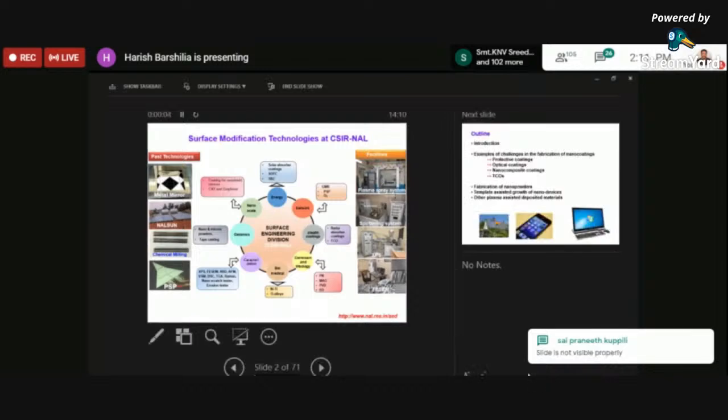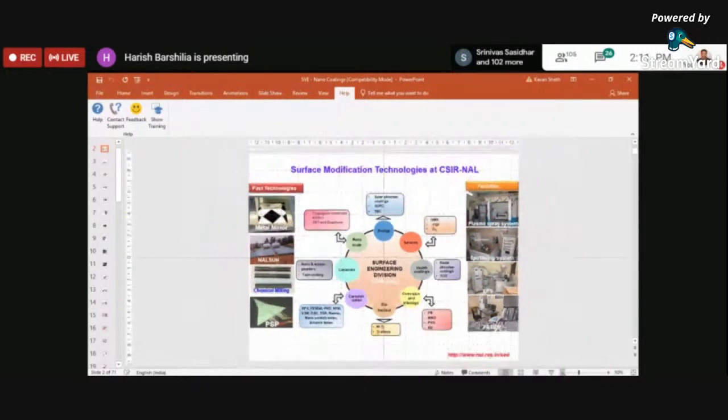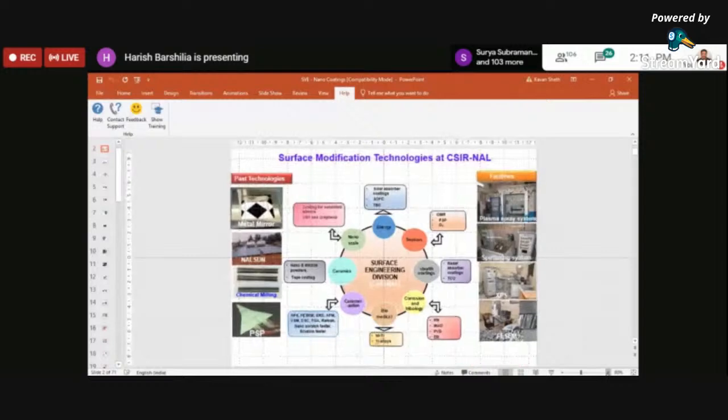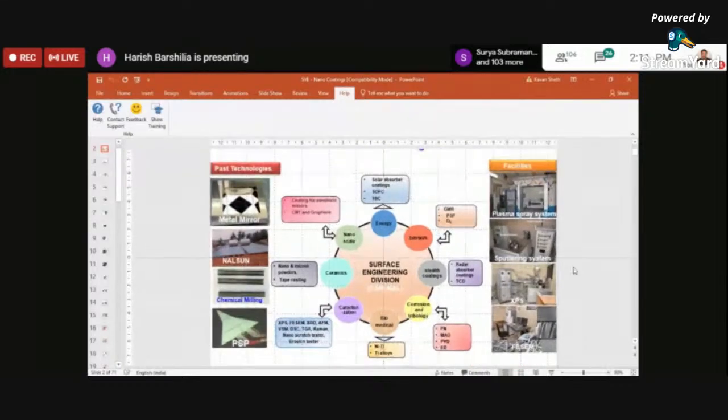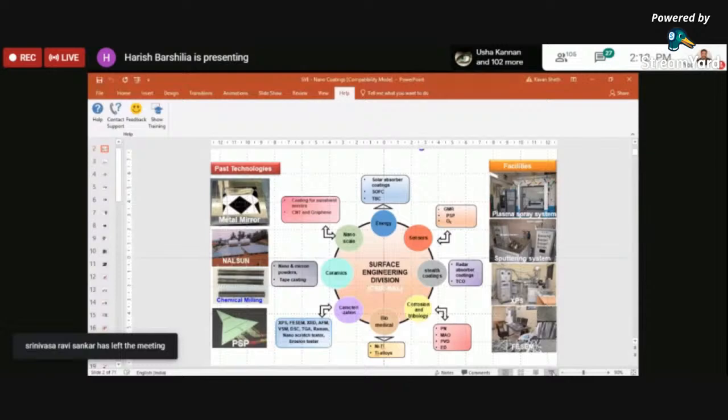Now it is changed again. Now you can see the slide. Slightly bigger, sir. Now the letters are also visible. The problem is that I am not able to see the full slide here.